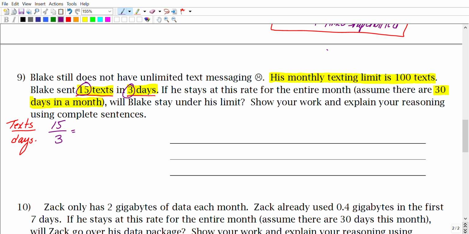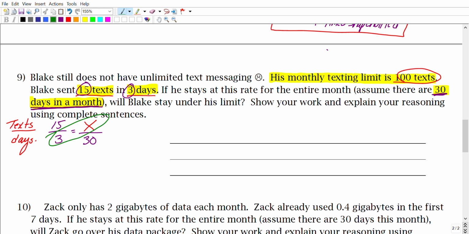So I think what we're actually going to need to use is this right here. We're going to assume that there's 30 days in a month. So if he were to text all 30 days, which is what I'm going to put here, we want to know how many texts did he actually send after 30 days. Then we can compare it to our 100 text limit.